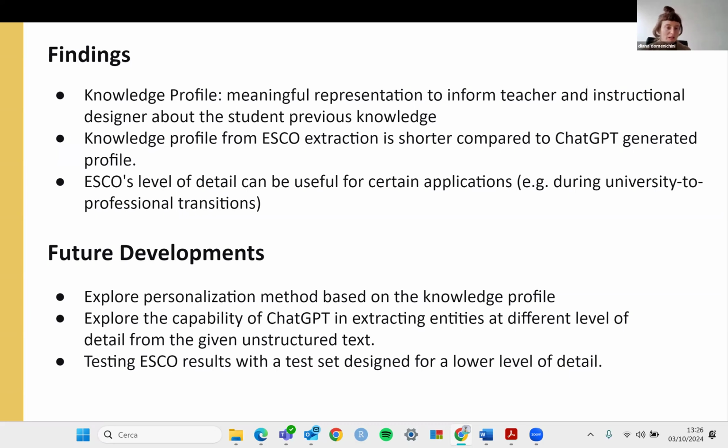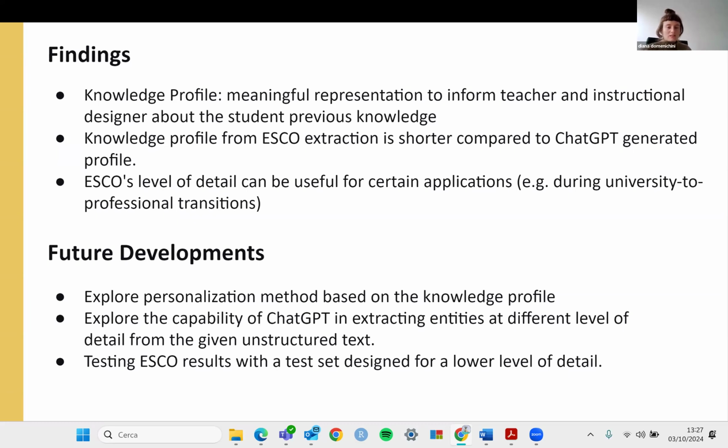The future application and development of this is to explore how to personalize instruction based on this profile, but also, as I mentioned before, to explore the capability of ChatGPT and prompt engineering with ChatGPT in extracting concepts at different levels of detail, in order to build a knowledge profile at different levels of detail: more superficial, just mentioning the skills of the students, or on the other hand deeper, representing the specific knowledge the students have learned during their past academic studies.